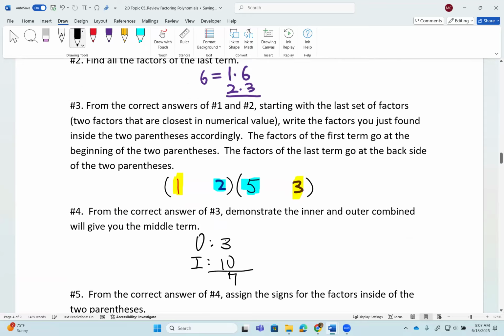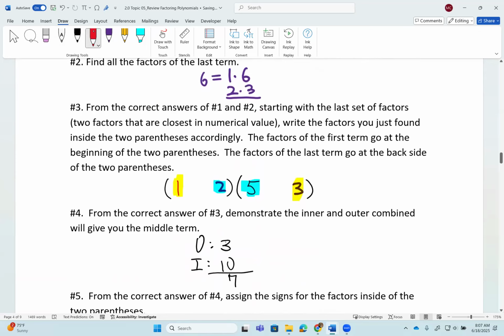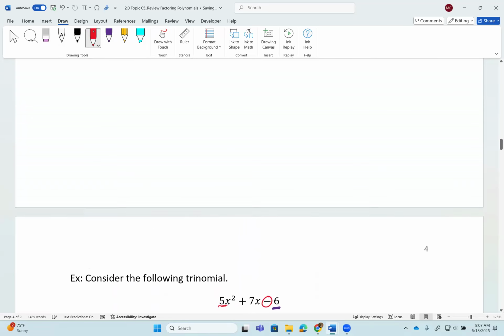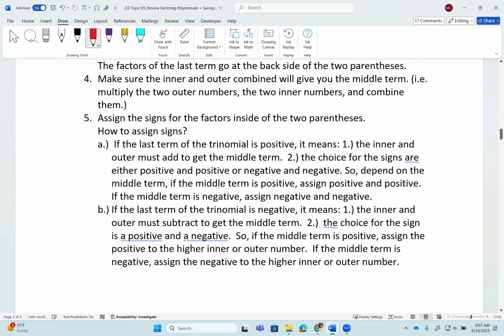But how? Let me scroll back up. Subtract, right? 10 and 3 subtract. So let's do the signs. Once I know my inner and outer will give me my middle term, then I can look at step number 5, how to assign signs.